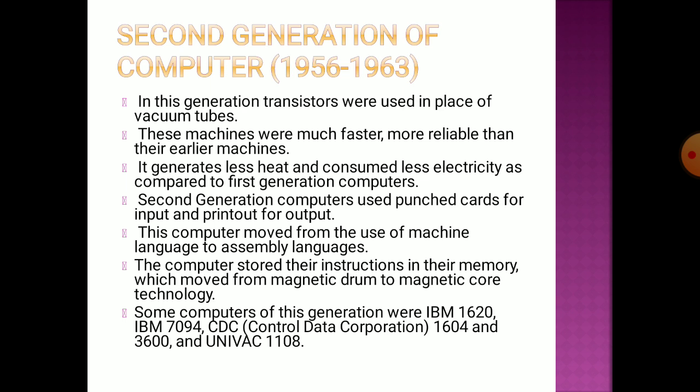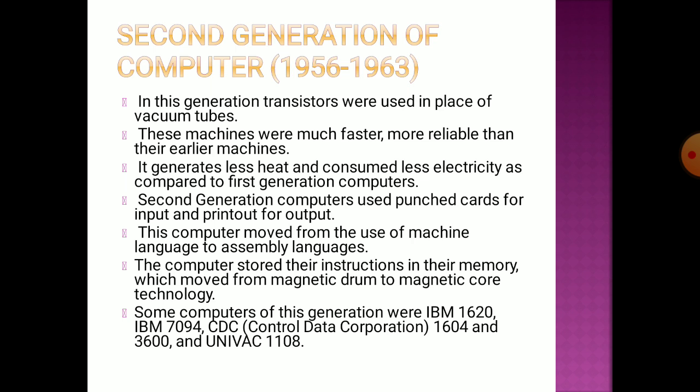So which technology did we use in the second generation? We used transistors in place of vacuum tubes. As you use transistors in place of vacuum tubes, the size of the computer has decreased. How the size has decreased, I can just tell you, is that in your first generation of computers, a big room or a big laboratory was required to maintain them.